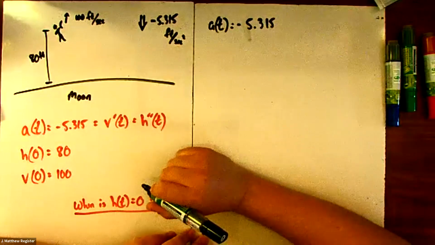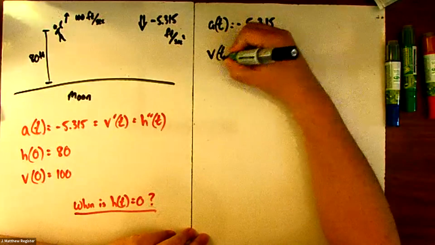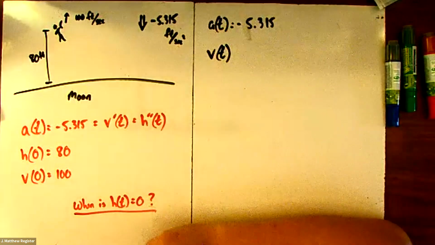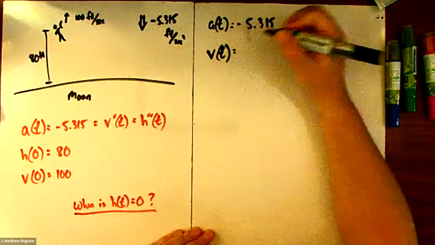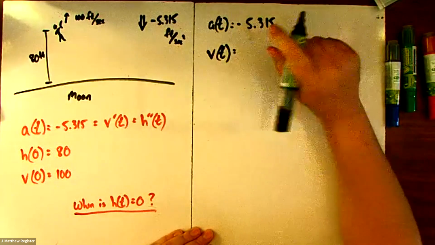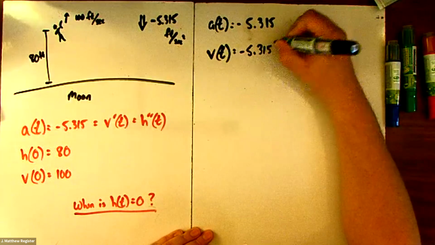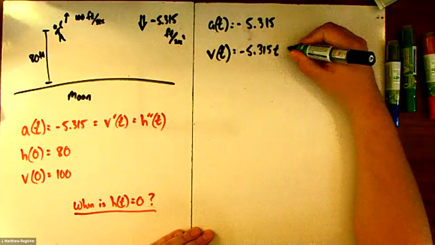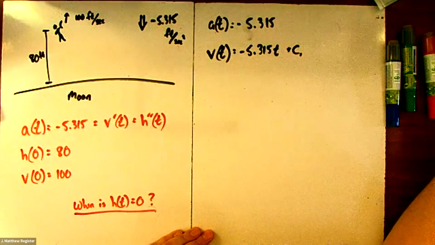In order to find the velocity, v of t, we would need to find the antiderivative. And the antiderivative of negative 5.315 would be negative 5.315t plus c. We'll call it c1 for now.